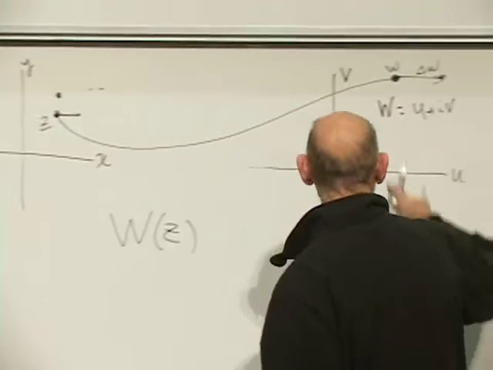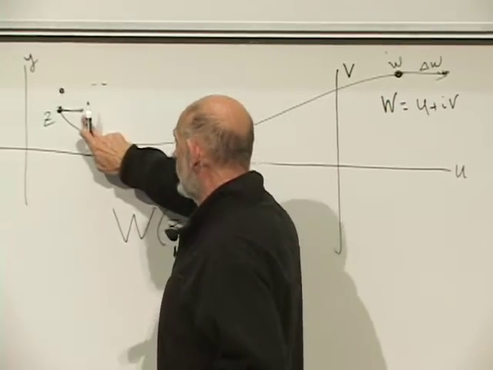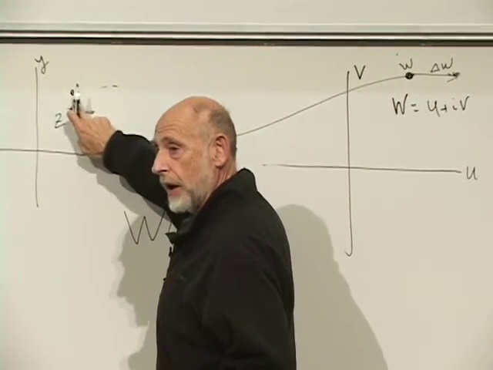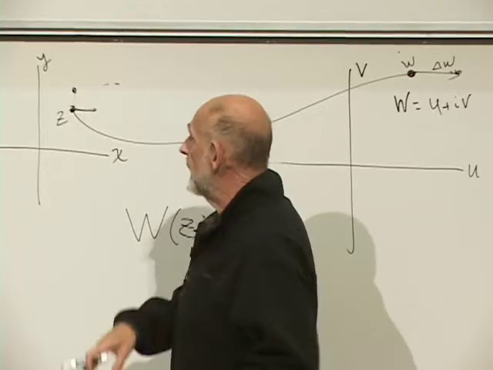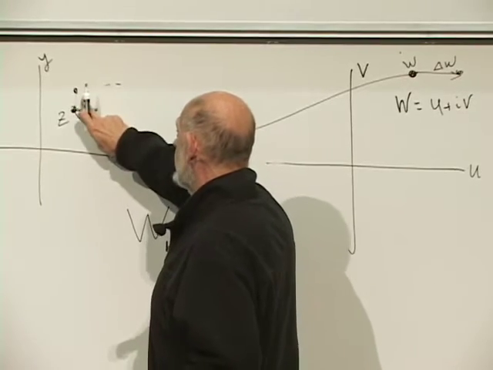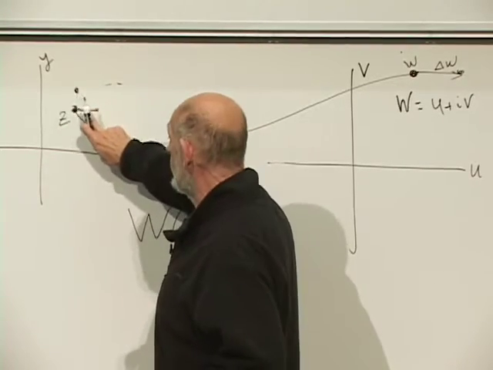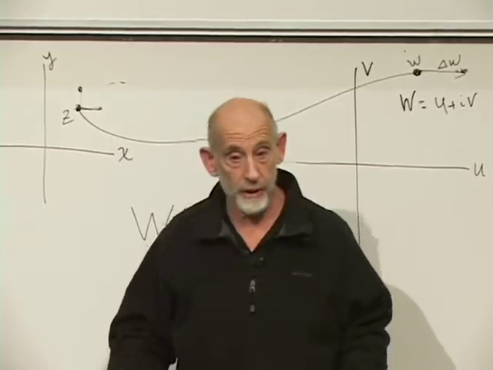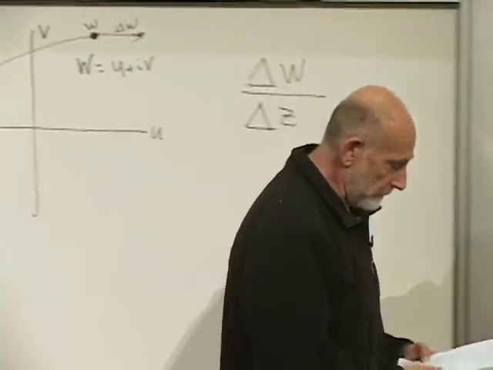In other words, if your delta z is along the x-axis or along the y-axis, you get the same answer. It is then not hard to prove that if that's satisfied, no matter what direction you come in from, you get the same answer. So I'll do the simple thing. You can do the slightly more complicated. It's only a little bit of algebra, but I don't like doing too much algebra on the blackboard.